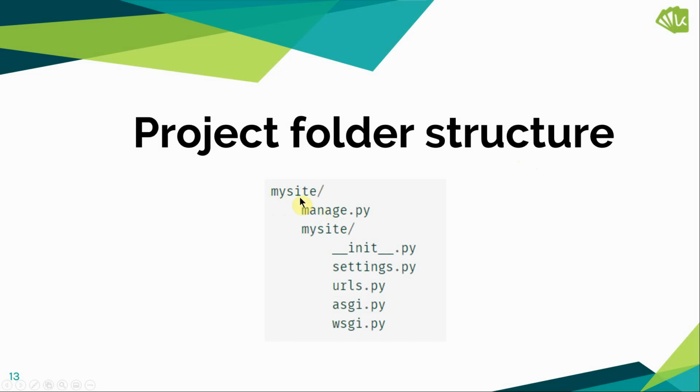Then under KT skills, you will find a file manage.py and another folder, also named KT skills, containing all the configuration and URL redirection logic. Everything will be under this. Under the KT skills folder we will be adding more apps to add more functionality to the UI.